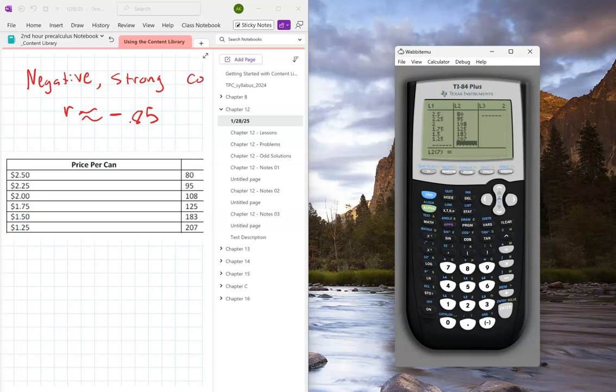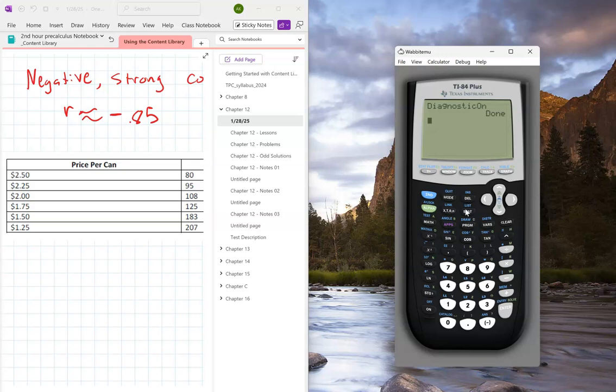Those of you following along, have you had a chance to enter in this data into your calculator? Great. So I'm going to exit out of here. And I guess before I calculate this R value, let's look at the scatter plot of this data. We can make an estimate ourselves.